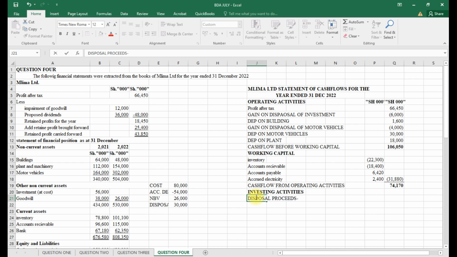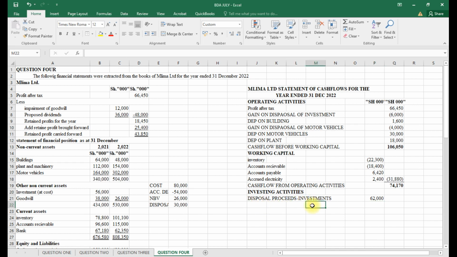In this case it's the old investment first, and our investment, remember, at the beginning we had 56, at the end we had dash, so it means the total, and we sold it at a gain, so we'll take 56 plus the gain. Yeah, the gain was 6,000 on investment. I'll add 6 to get the total amount that we received.